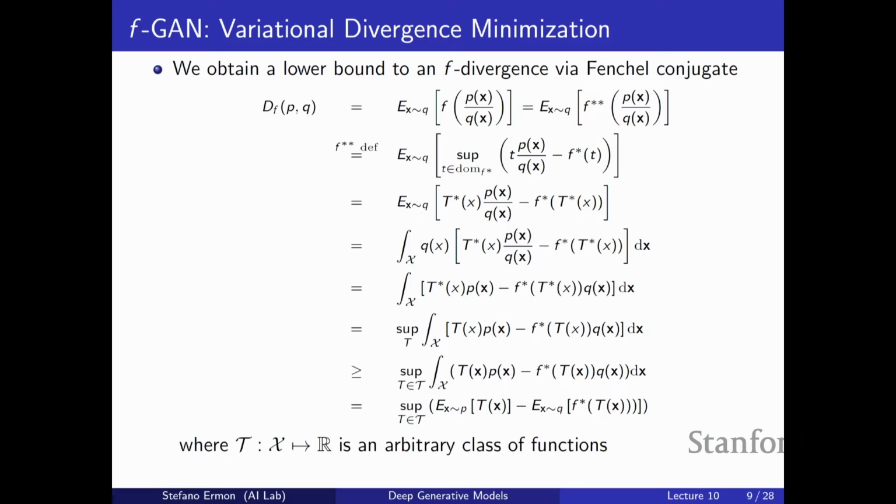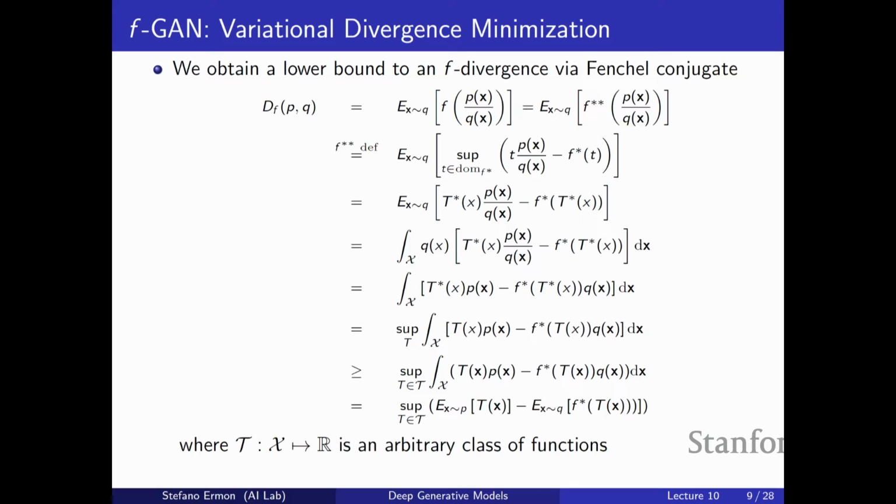And here we get something that has a very similar flavor, where we're evaluating this discriminator T over data samples, over model samples, and we're trying to essentially distinguish them by maximizing that quantity.